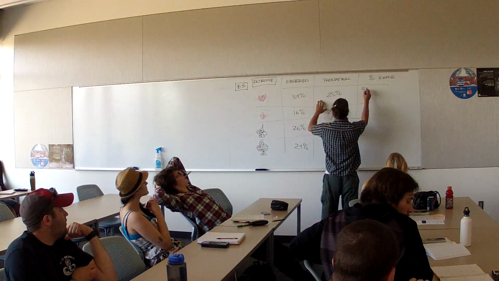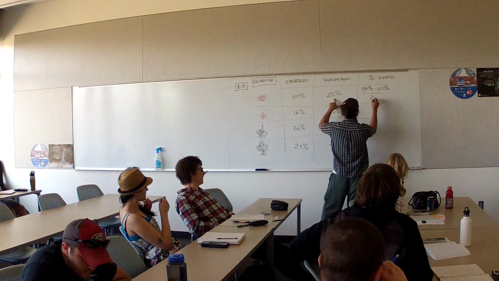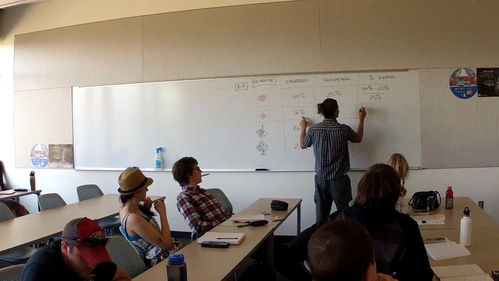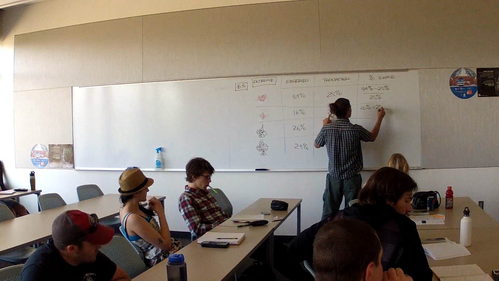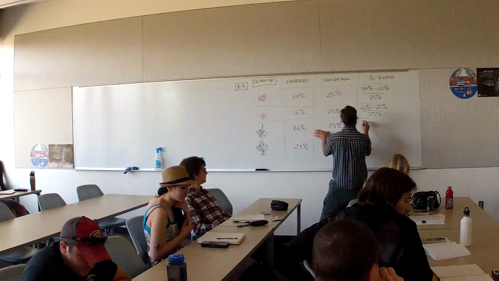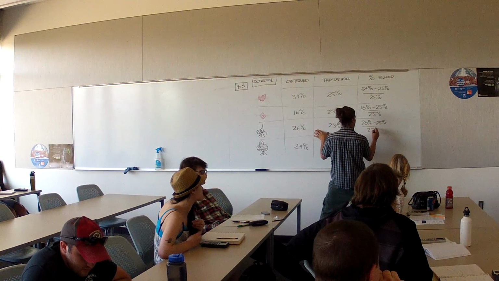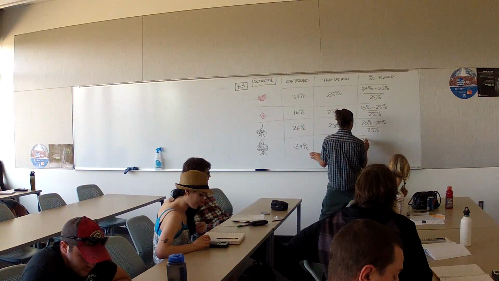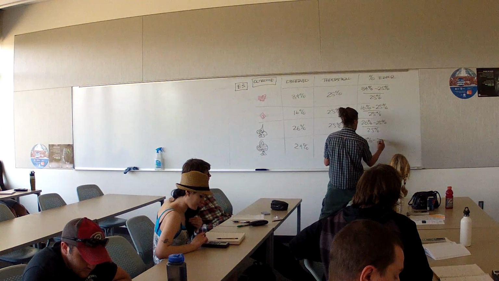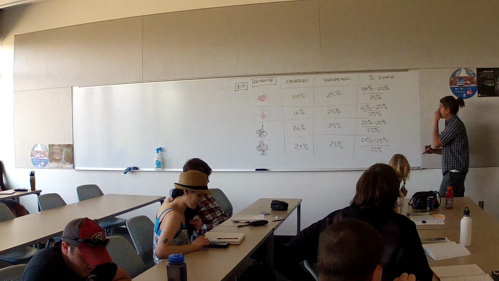So you've got 34% minus 25% over 25%. 16% minus 25% over 25, and so forth. 26 minus 25 over 25, and 24 minus 25 over 25. Make sure we can all see that.